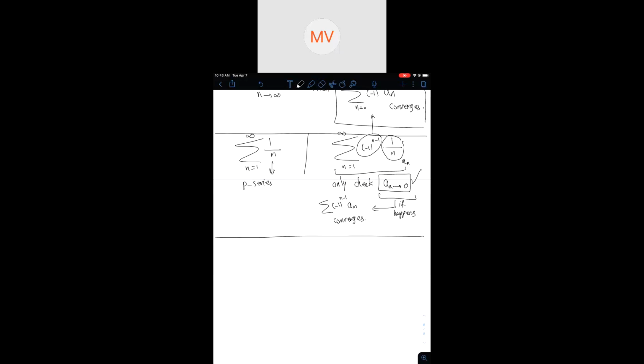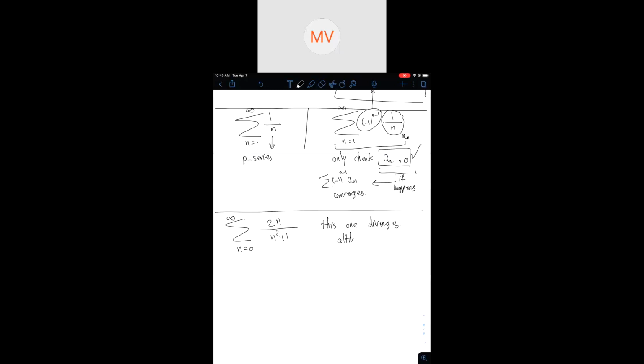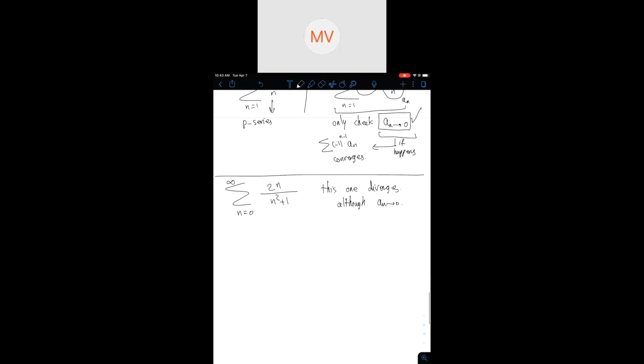Now, a lot of series that diverged so far, all of a sudden they're going to converge. Okay. Let's go to the example that we just did in the quiz. The sum of 2n over n squared plus 1, from 0 to infinity. We showed this one diverges, although a n goes to 0.